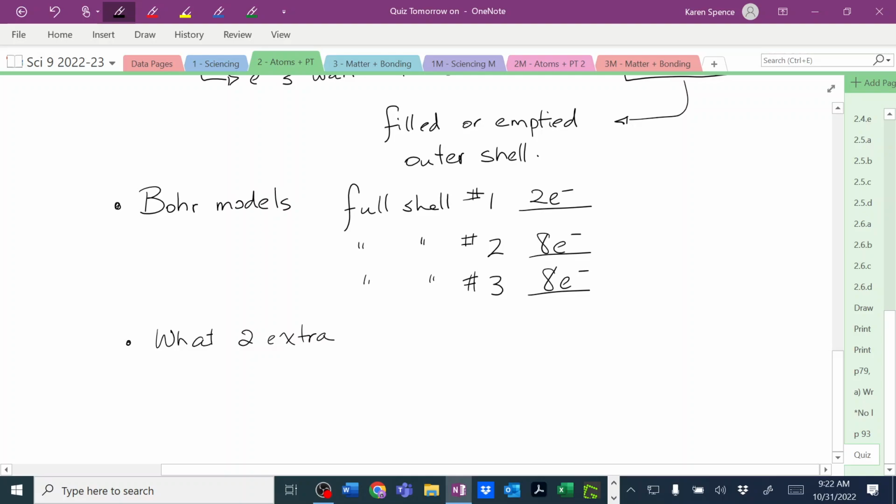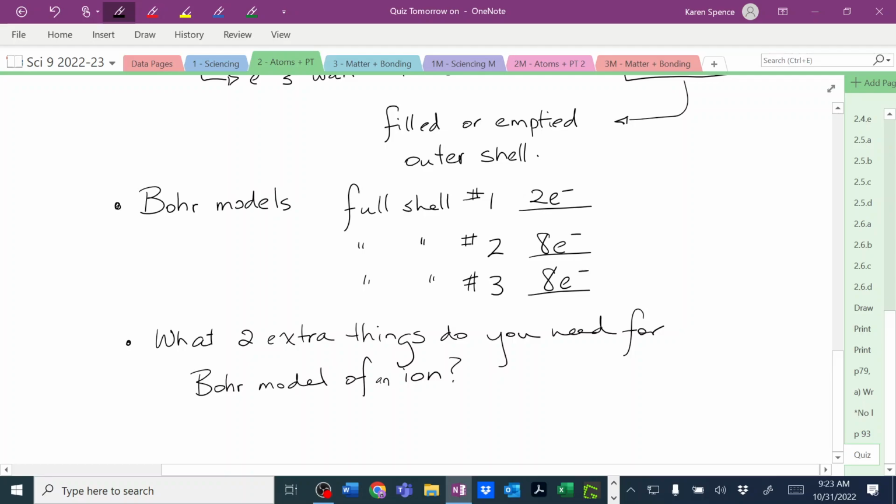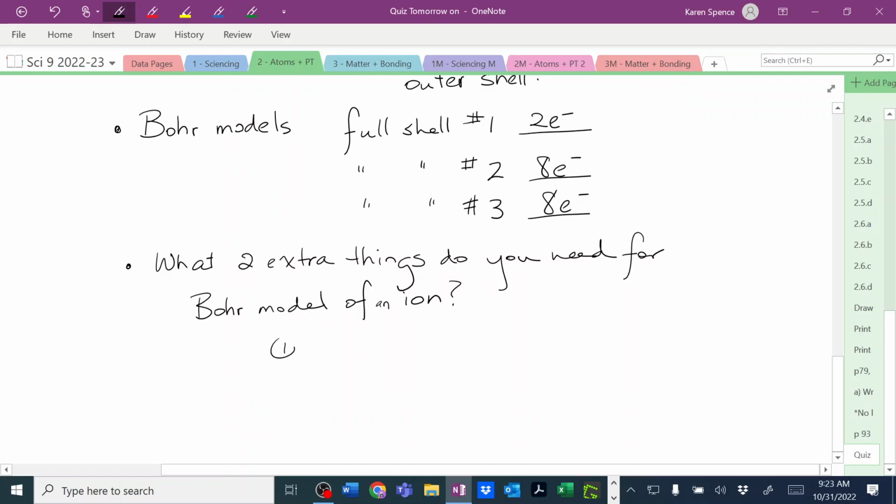What 2 extra things do you need for the Bohr model of an ion? You need the square brackets.